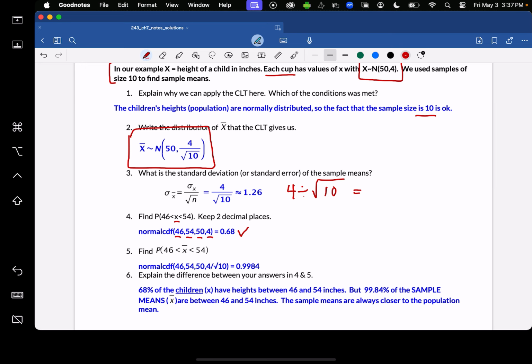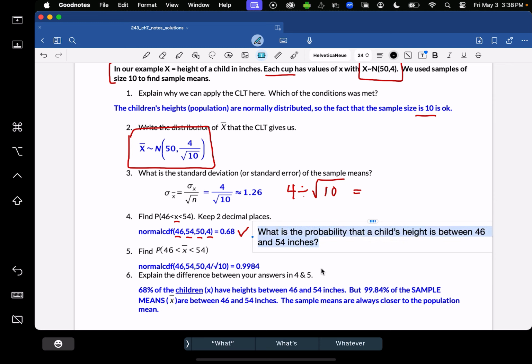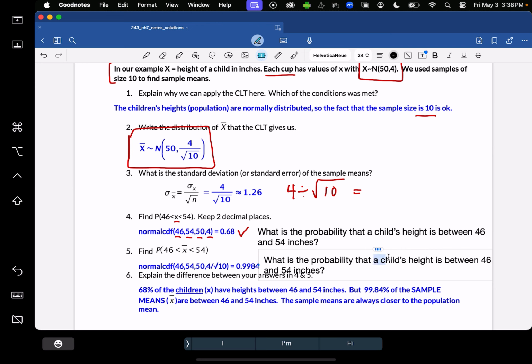One is asking, what is the probability that a child's height is between 46 and 54 inches, and then this question is, what is the probability that the sample mean is between 46 and 54 inches?